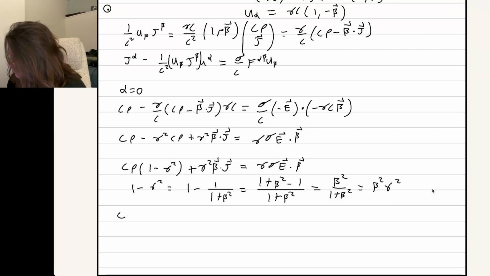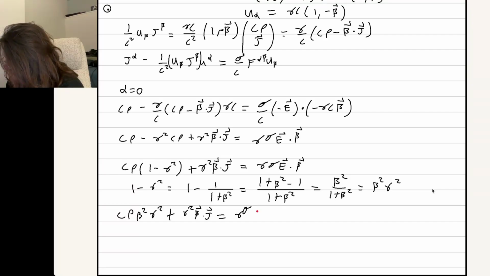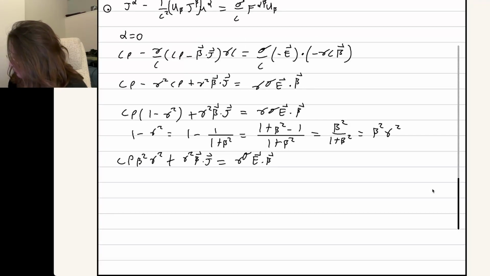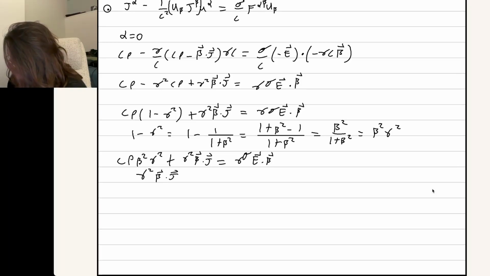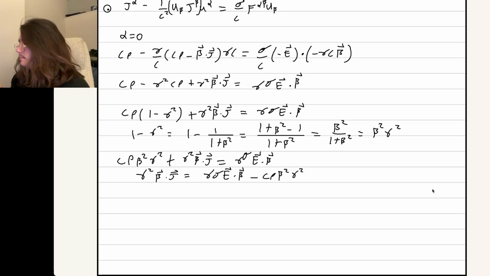So we have c rho beta squared gamma squared plus gamma squared beta dot j equals gamma sigma E dot beta. And we're actually going to solve this equation for gamma squared beta dot j to be plugged in at a later time. Yeah, we're going to use that in a bit.